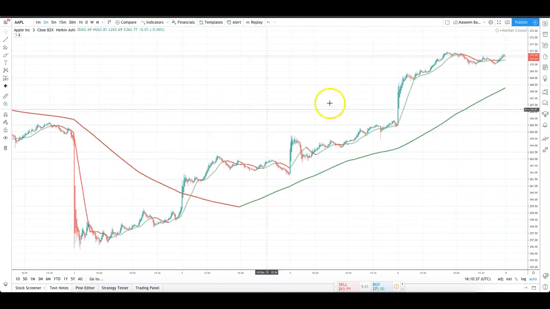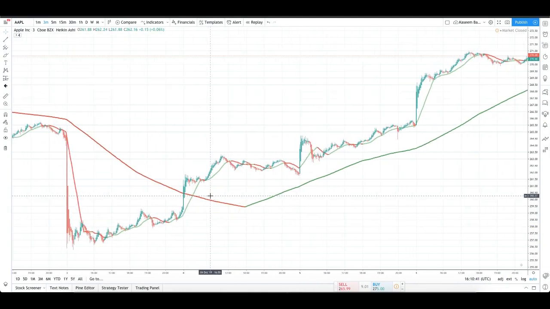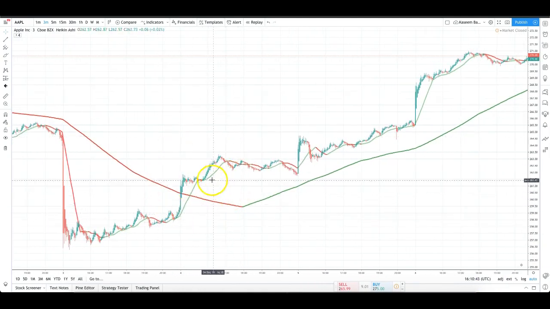And entries, these are entries right here. In order to enter using this system, you only want to enter the trade when prices are close to the 20 period moving average. You do not want to enter a trade here because prices are far.